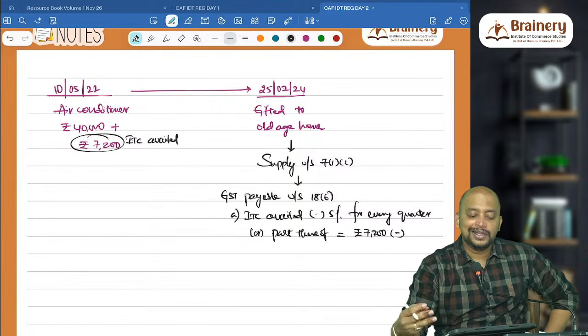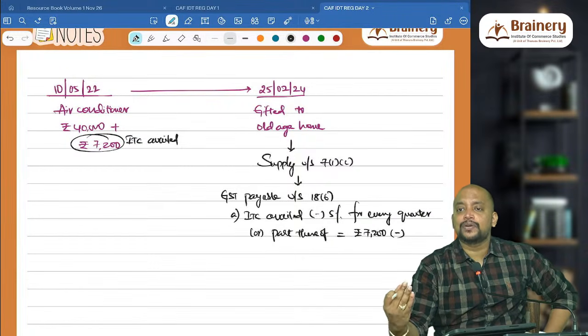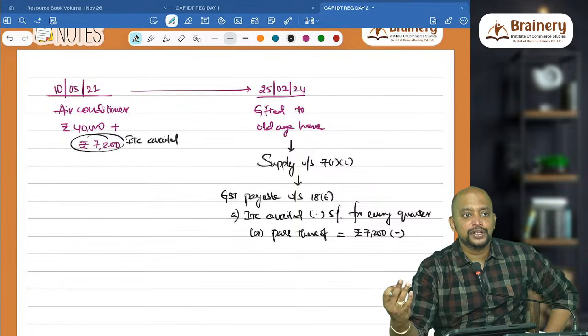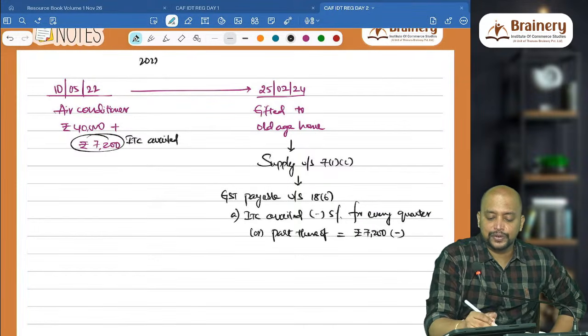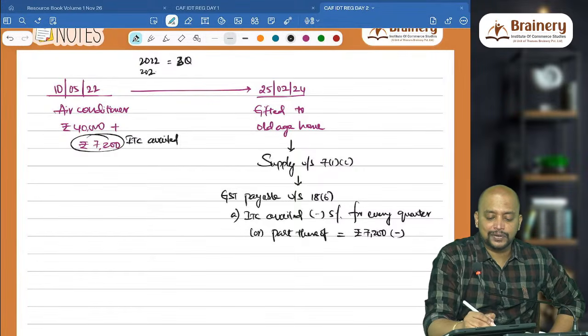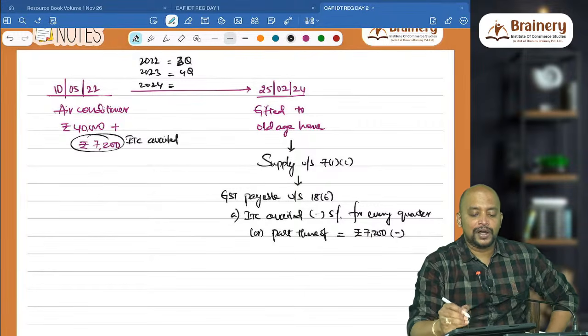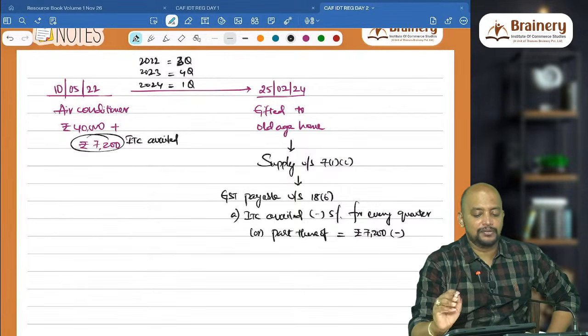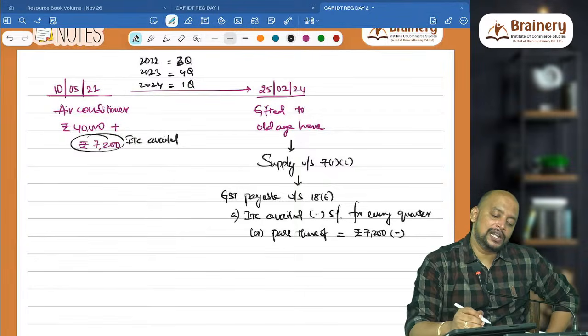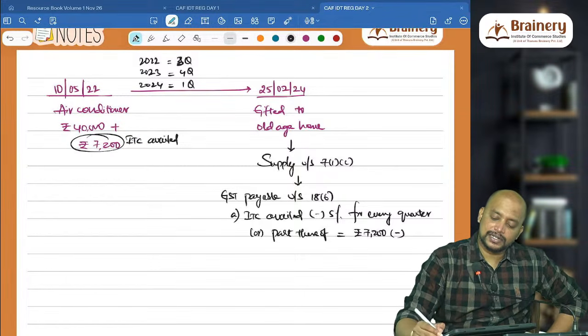So 1. Then in 2022, 3 quarters, correct? April, May, June, July, August, September, October, November, December. So in 2022, we have 3 quarters. In 2023, 4 quarters. In 2024, 1 quarter, Jan, Feb, March, part thereof. So total 8 quarters.